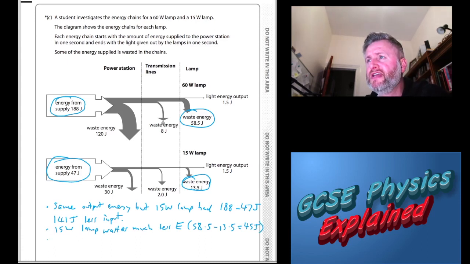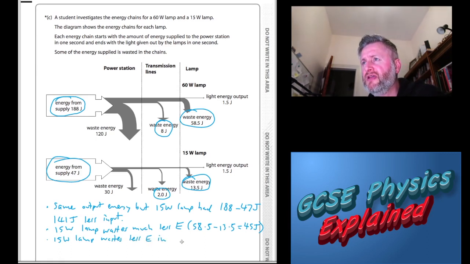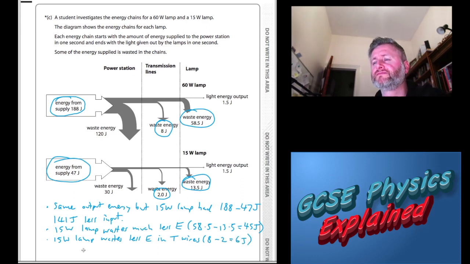In the transmission lines, 8 joules is wasted there, whereas only 2's there. So 15 watt lamp wastes less energy in transmission wires. So let's work it out. So wastes 6 joules less.